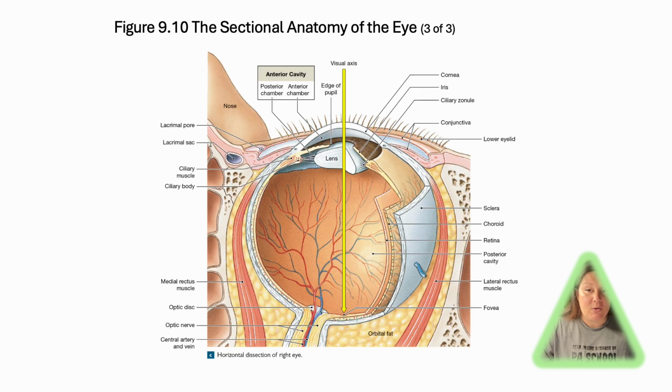So here you can see that this is looking from a superior view. If I were just to cut the cranial vault off and I was just looking down, this is helping you to see how light is going to enter into the eye.